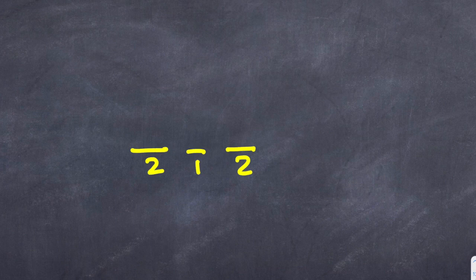Our word is which. So we have a digraph at the beginning. W, 2 letters. I, ch, 2 again. So how do we spell our 2-letter W sound for which? W, W-H, I, and then ch. So W, ch, f, sh, all follow a similar pattern.